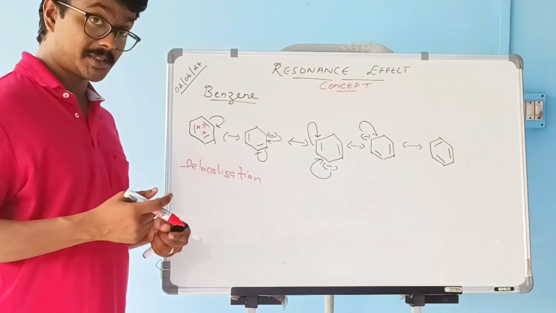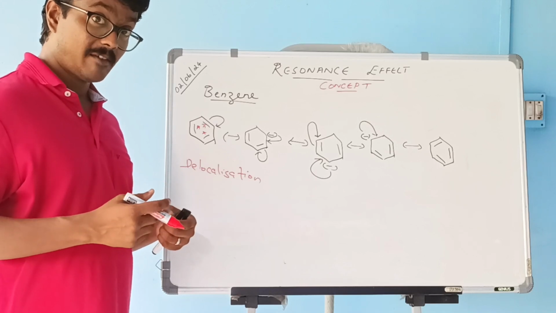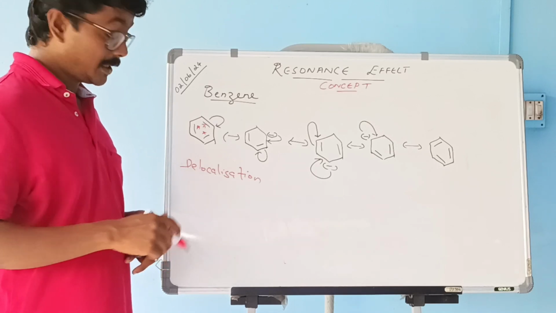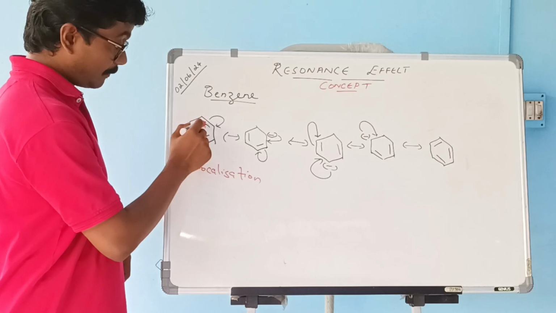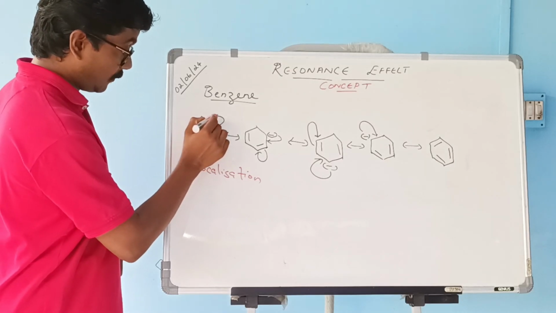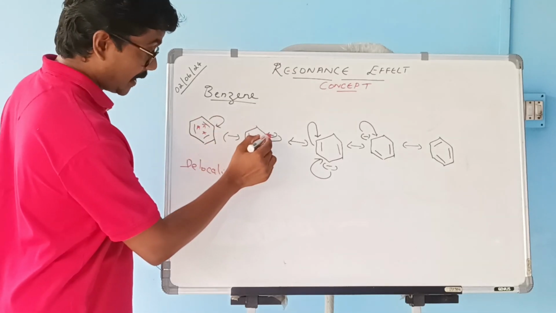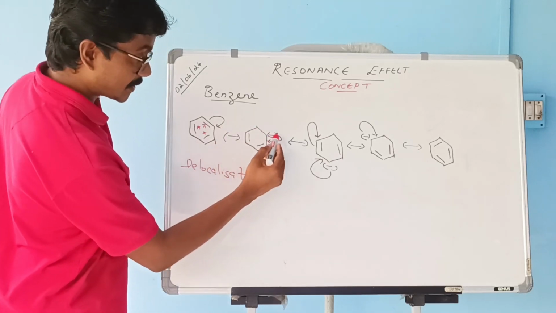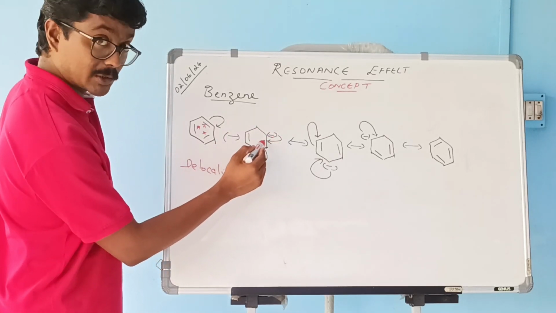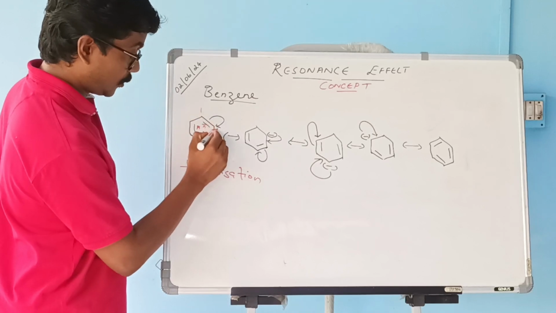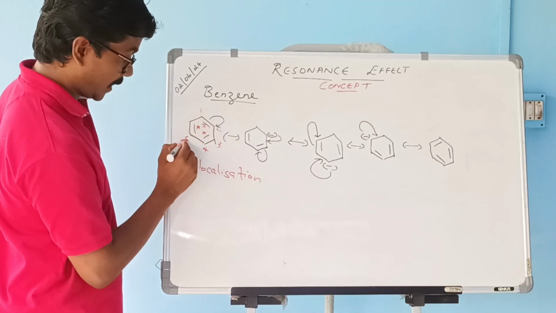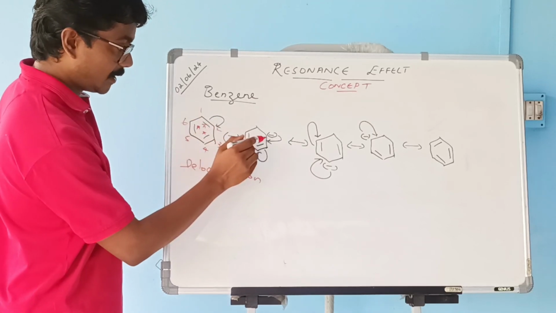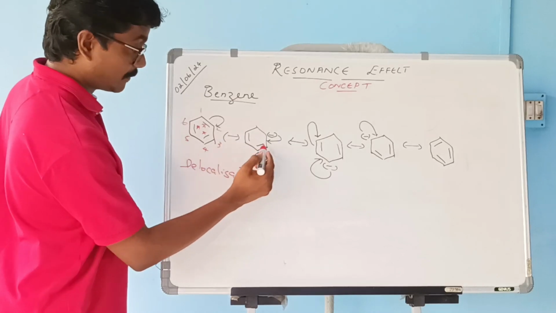Delocalization means the pi electrons are free to move inside the ring. So this pi bond shifts towards this corner carbon atom, and a negative charge comes. This negative charge moves across carbon atoms 1, 2, 3, 4, 5 and 6, with the pi bond between carbons 2 and 3.